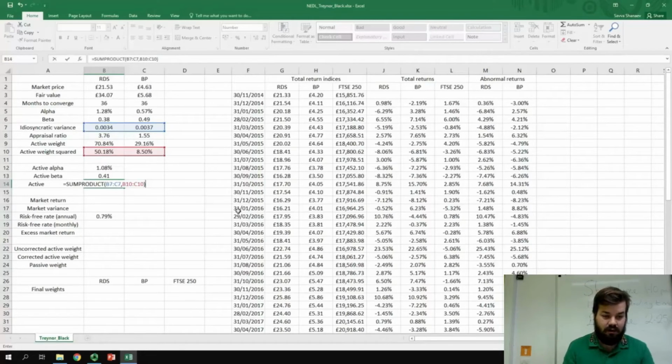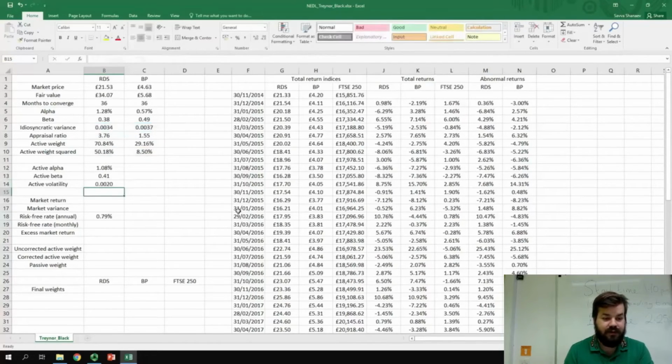If this assumption holds, then the volatility of the active portfolio will be the weighted average using the squared active weights. And we see that our active volatility is lower than both of the volatilities of the stocks, and this is the effect of diversification.